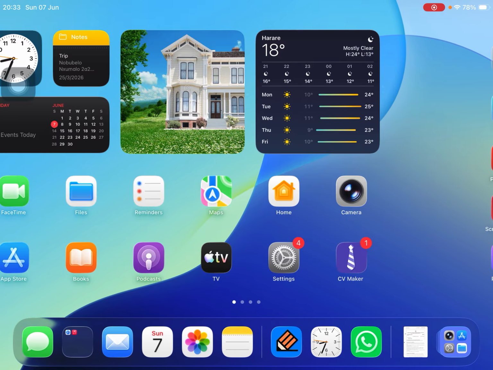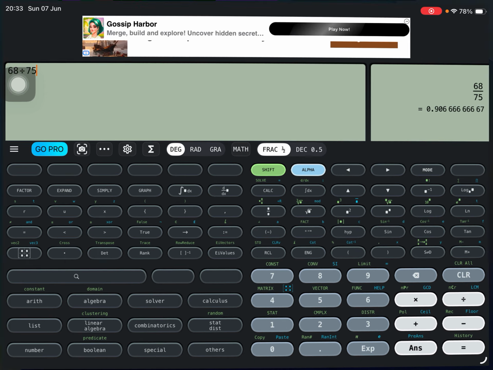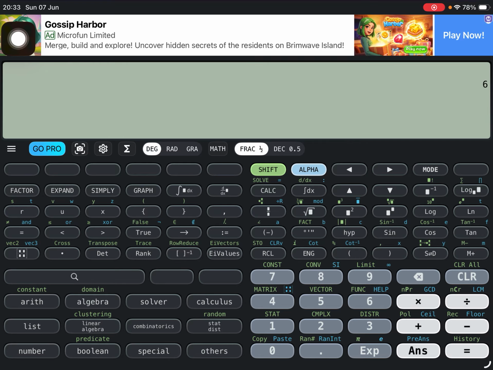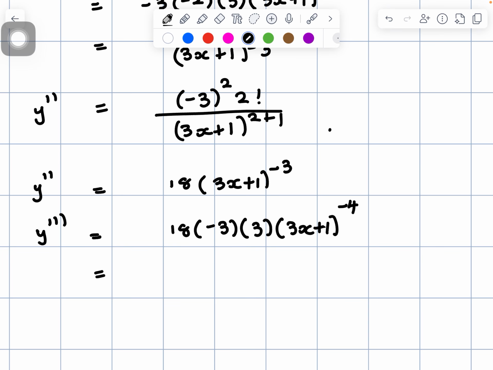Let's use the calculator: 18 by 3 by 3 is 162. So we have 162 over 3x plus 1 to the power minus 4.